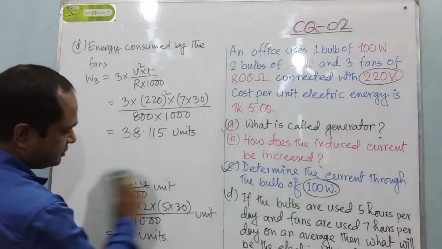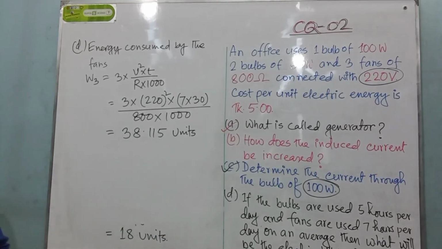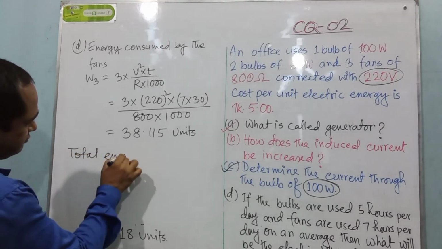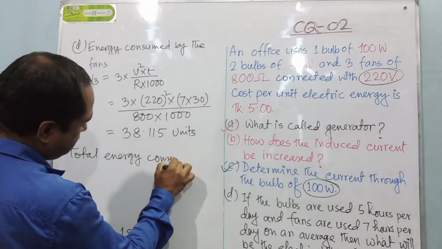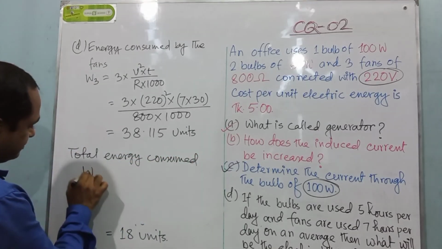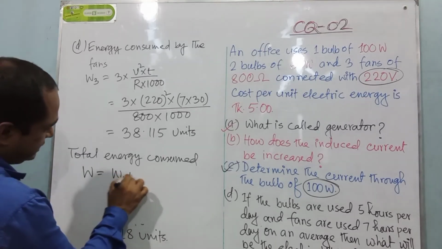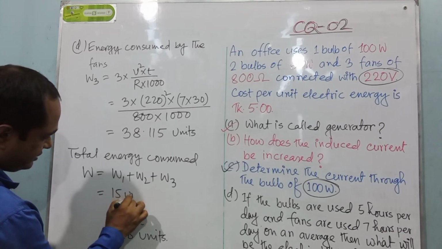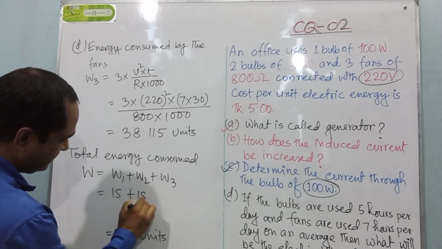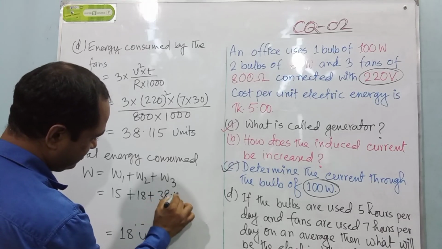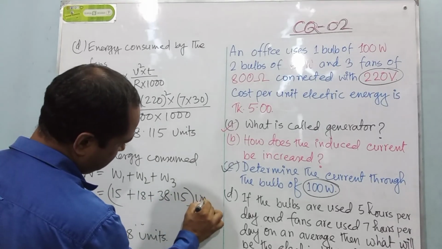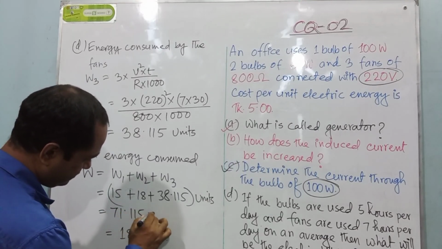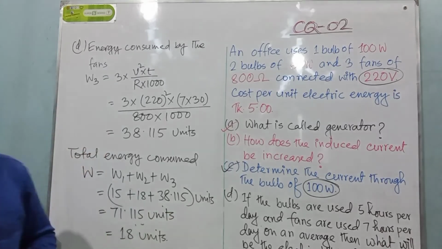So total energy consumed by the fans and lights, if denoted by W, W is equal to W1 plus W2 plus W3, right? 15 units plus 18 units plus 38.115 units. So 71.115 units, right?